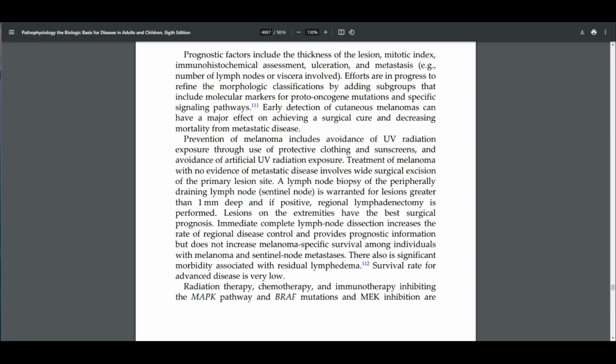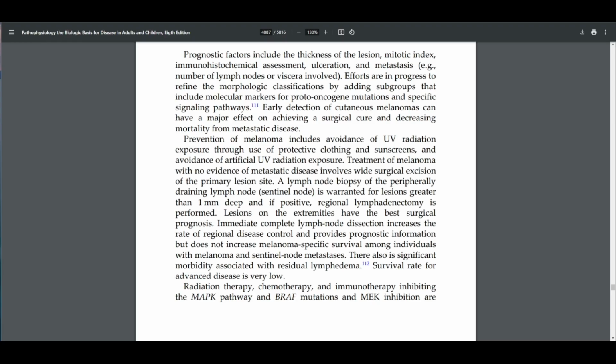Early detection of cutaneous melanomas can have a major effect on achieving a surgical cure and decreasing mortality from metastatic disease. Prevention of melanoma includes avoidance of UV radiation exposure through use of protective clothing and sunscreens, and avoidance of artificial UV radiation exposure.